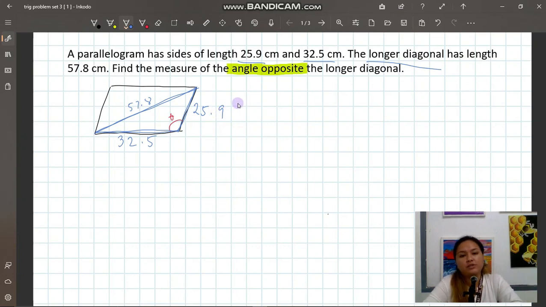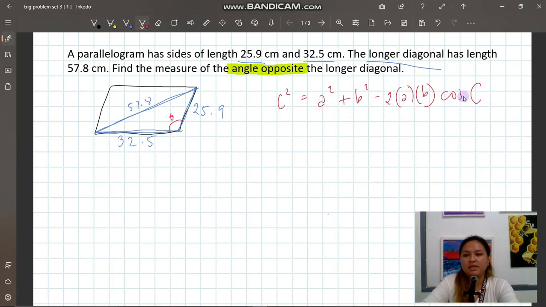So, let's proceed to cosine law. Because in cosine law, our equation is c squared equals, let me read it so it's clearer. We have c squared, where c is the length of one side. Then another length of a side, plus the length of another side, the third side, minus 2 times a times b cosine c.